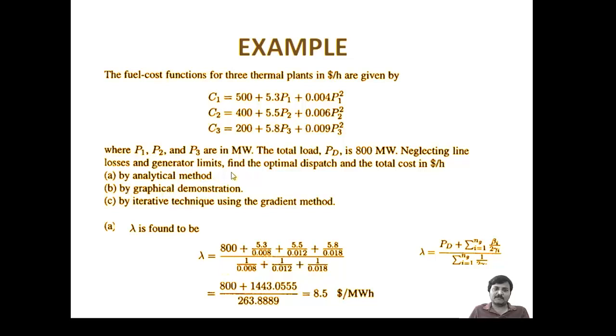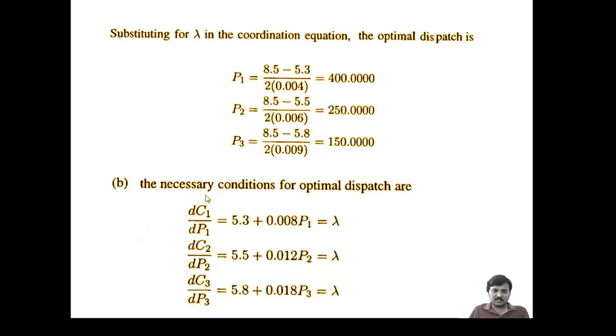Second, we will see the graphical method of demonstration. In the graphical method, we first find the lambda value 8.5. The necessary condition for optimal dispatch is that the incremental cost of the first generator, dC1 by dP1, is equal to 5.3 plus 0.08 P1, which equals lambda. Similarly, dC2 by dP2 is also equal to lambda, 5.5 plus 0.012 P2.